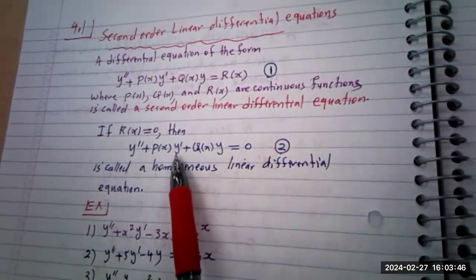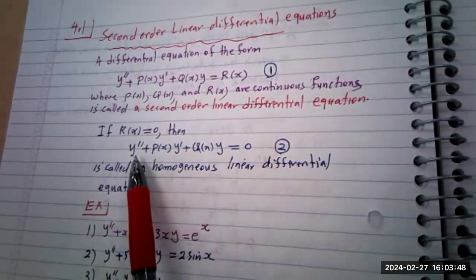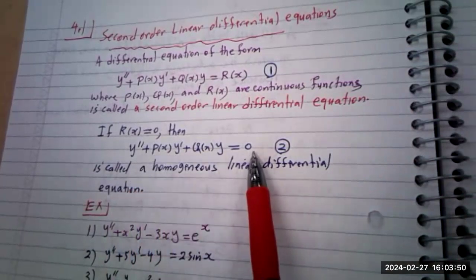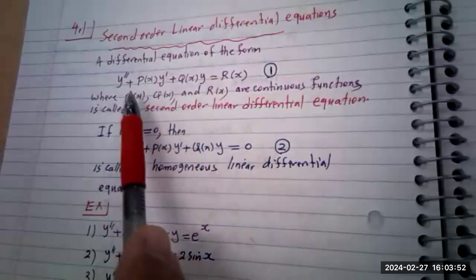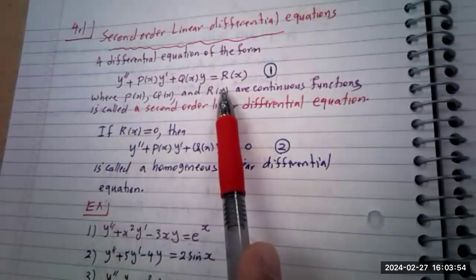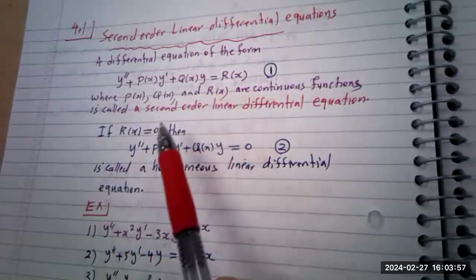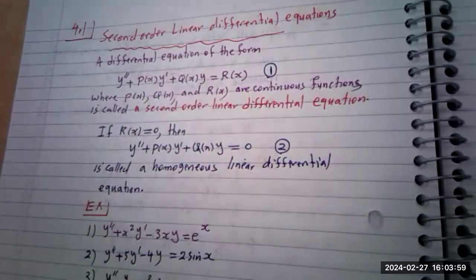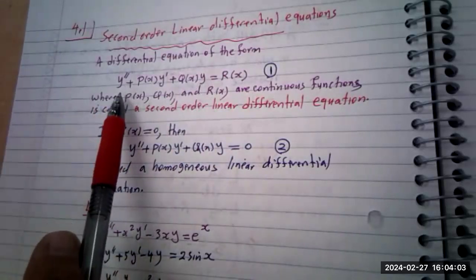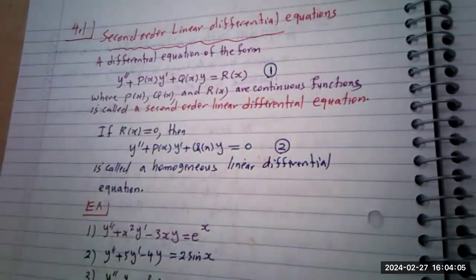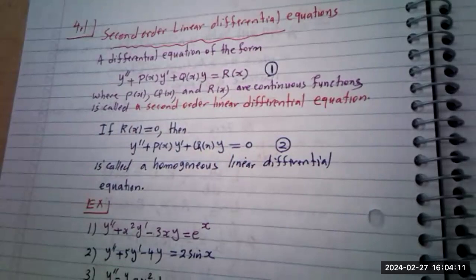Then we proved that if you have the general solution of the homogeneous one, and you can find a particular solution of the first one, we call it YP, then YC plus YP would be the general solution of the second order linear differential equation. So we did prove everything that we need. We are going to investigate how we're going to find the YC and the YP.